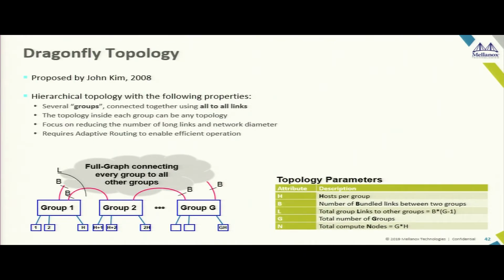All Cray systems, all current generation and coming generation Cray systems, are made using a topology called Dragonfly. Dragonfly is basically a topology in which you define a group of servers connected to a switch, and then you interconnect multiple of these groups in a full mesh. How does it look?